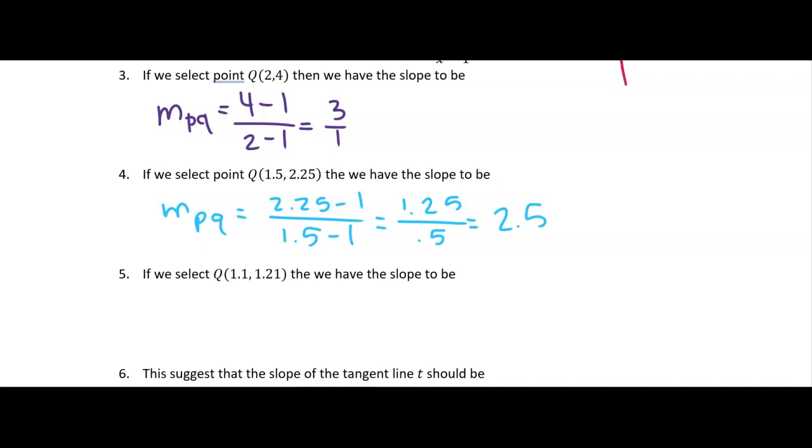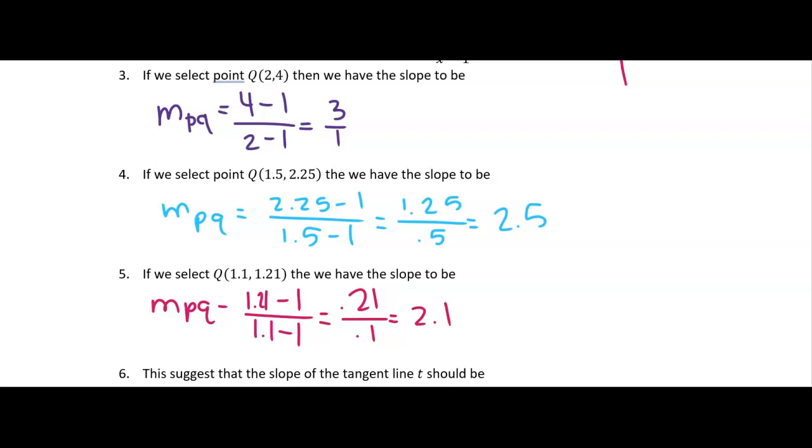Let's get even closer to point P. So now we have 0.21 over 0.1. You could just move your decimals each to the right, so you get 2.1.